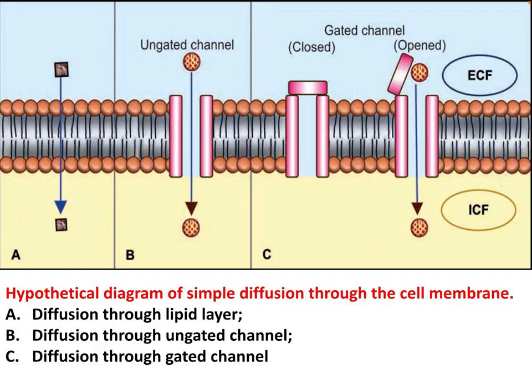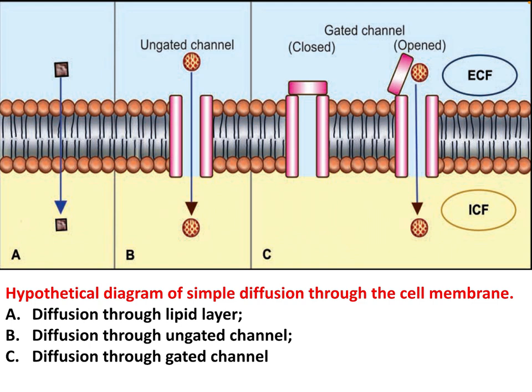What are voltage gated channels? These channels open by change in the electrical potential. For example, calcium channels present in the neuromuscular junction. Ligand-gated channels. These channels open in the presence of hormonal substances which are called ligands.